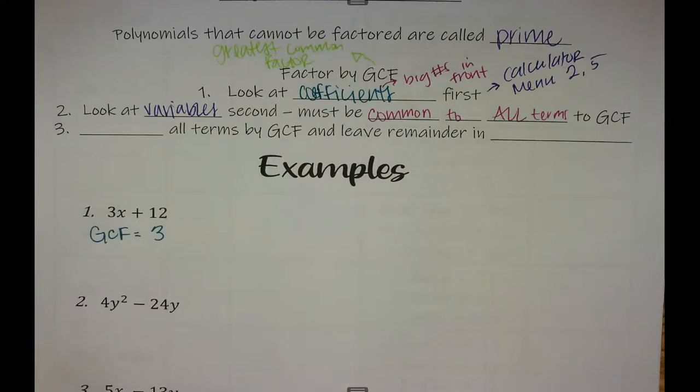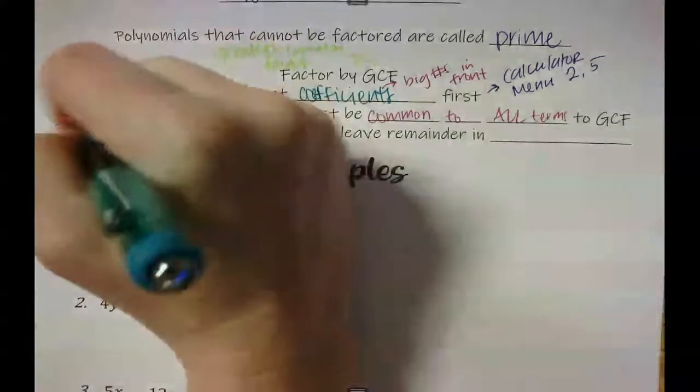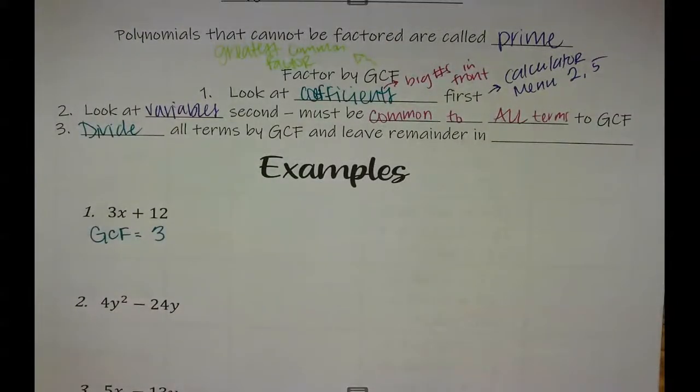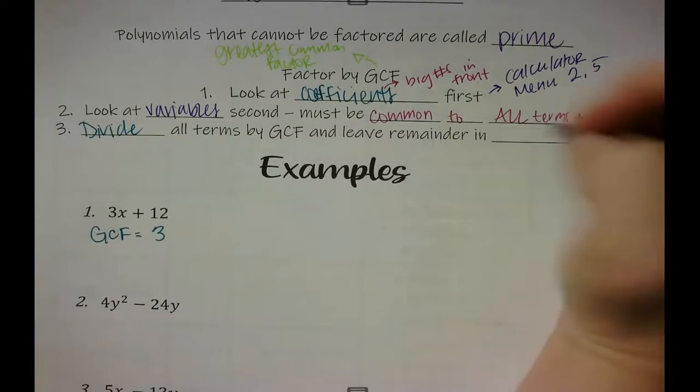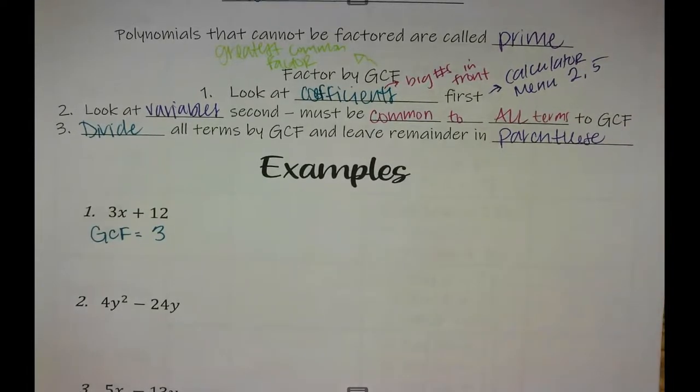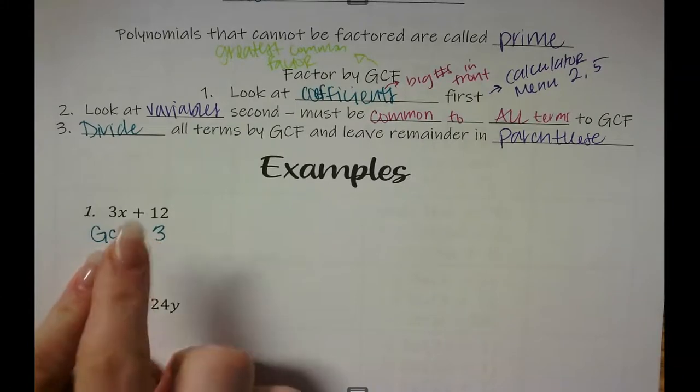For our final step, we are going to divide all terms by our GCF and leave the remainder in parentheses. All right, so we found our greatest common factor is just 3.